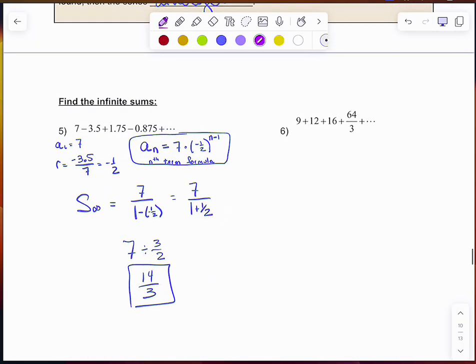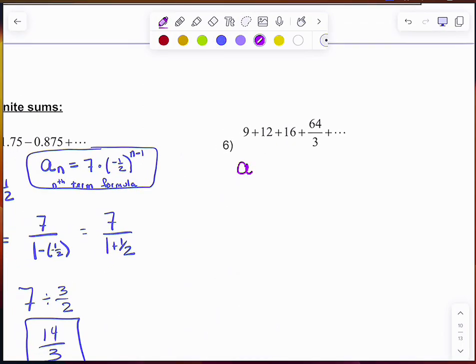So last one we have here. Our first term is 9. Our common ratio, 12 divided by 9, or 4/3. We always want to have an exact value. You start rounding this and you put something like 1.3 or whatever, you are going to get wrong values. So fractions are your friend here. So that means that the nth term formula is going to be our first term times 4/3 to the n minus 1.